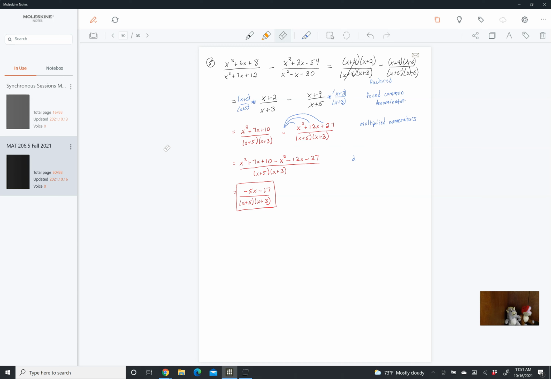We distributed the minus sign. Combined like terms. And this can't be reduced.